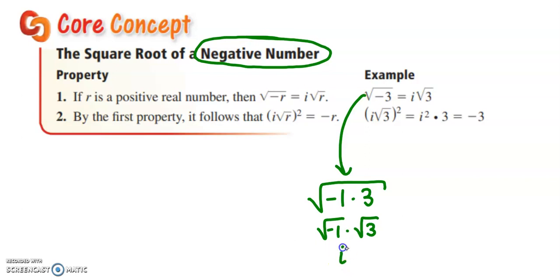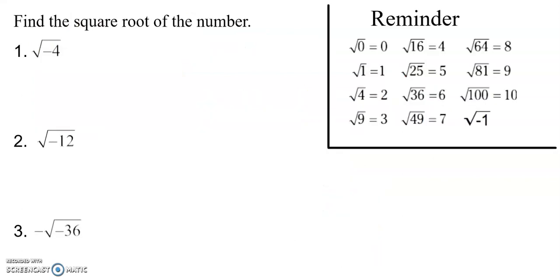This then becomes i, so I get i times the square root of 3. Okay? So find the square root of the number. I've got some reminders over on the right about different square roots that we know, and we just learned that the square root of -1, hopefully you're saying, is equal to i.